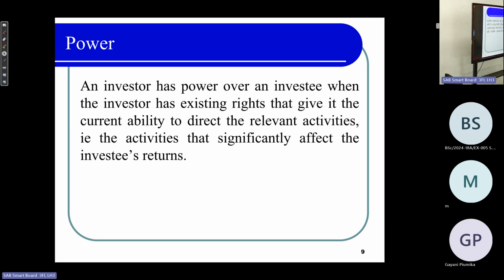An investor has power over an investee when the investor has existing rights that give it the current ability to direct the relevant activities. Now, the current government has power to direct the relevant activities of the country, right?